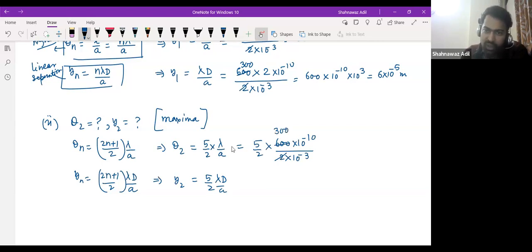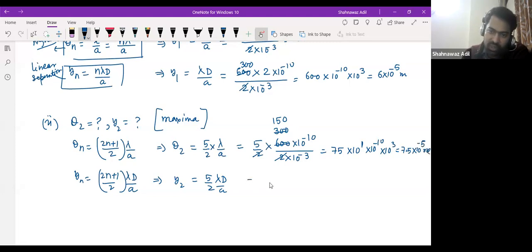And then this is 1500, so 15 into 5, that is 75 into 10 to the power minus 10 and 10 to the power 3. So this would be 7.5 into 10 to the power minus 5 radian.